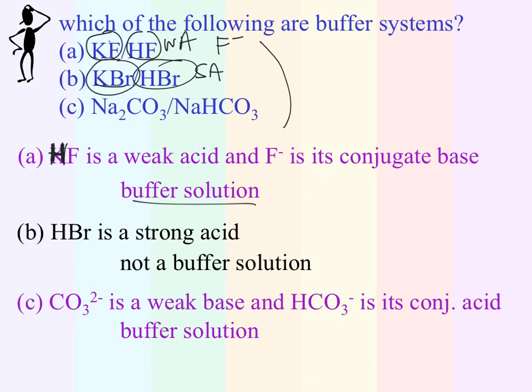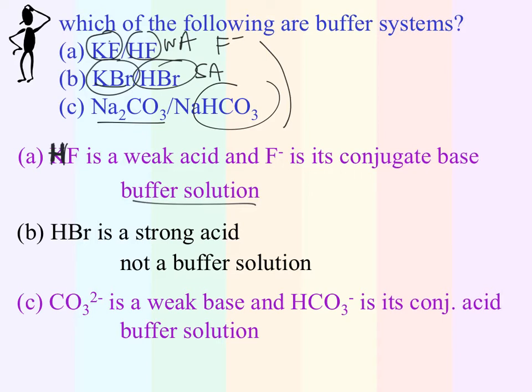And we can go ahead and take a look at this third example down here. We have a carbonate ion, and we have its conjugate acid, HCO3, present. The fact that we have a weak base and its conjugate acid in solution basically sets up that buffered system.